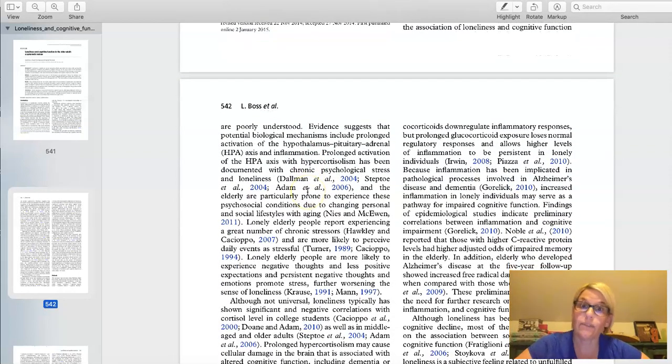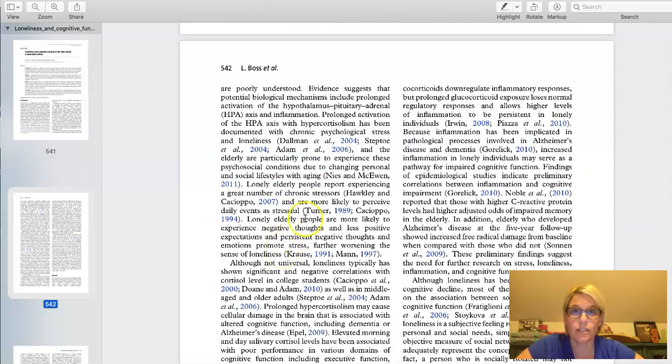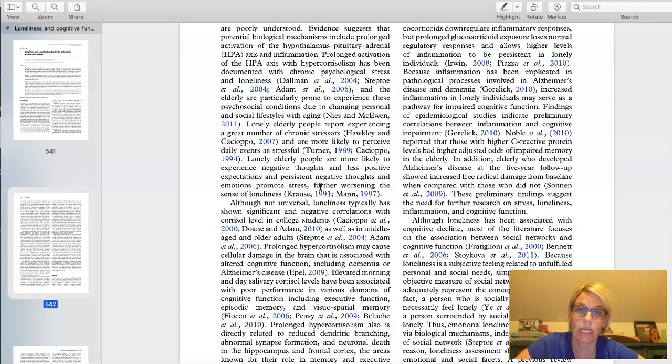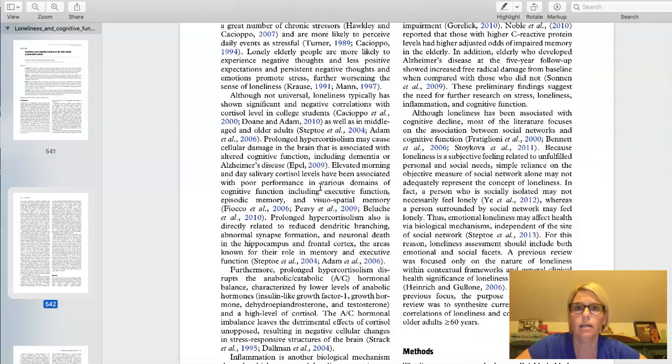We do have evidence that suggests the HPA axis over time with chronic stress can damage the brain in the areas of learning and memory and executive function. And so I just start there by saying there is some evidence that loneliness might be in the same boat as stress and be a chronic stressor that can activate the HPA axis. And so that's one way that we think they're connected.